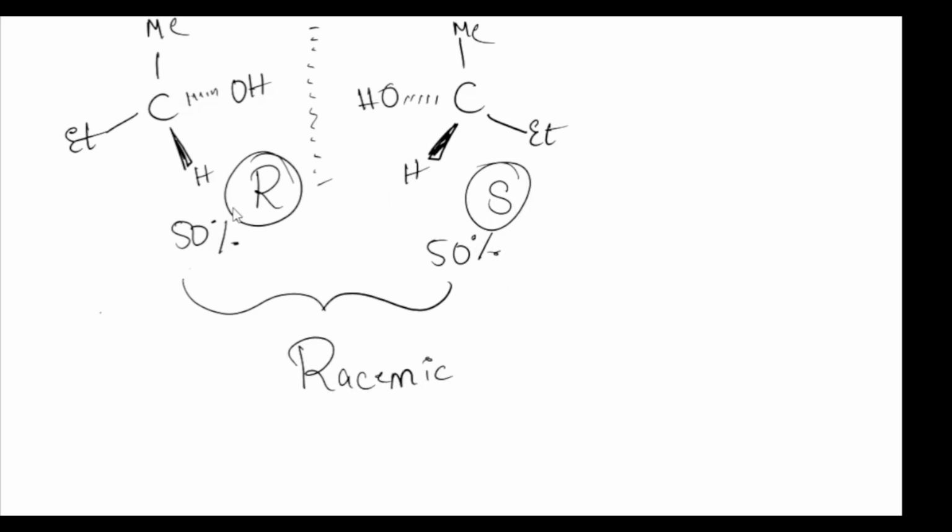If you don't know about naming R and S configuration, it's okay. Just remember that if we get one configuration, we will get the opposite in an equal amount. This is called a racemic mixture. Then, the solvent we can use: we know that a carbocation is forming as an intermediate.